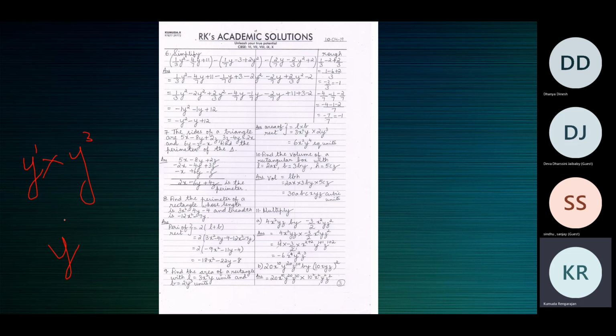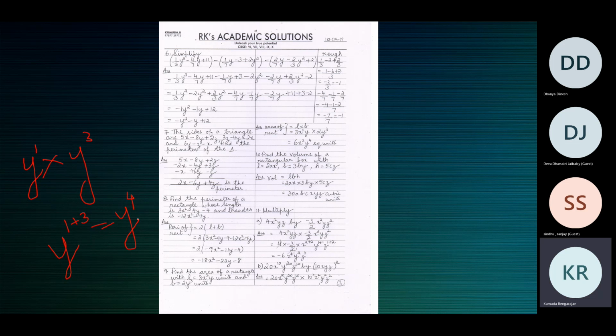When bases are same, we need to add the powers. 1 plus 3, y to the power 1 plus 3, which is y to the power 4. So y into y cubed is y to the power 4.